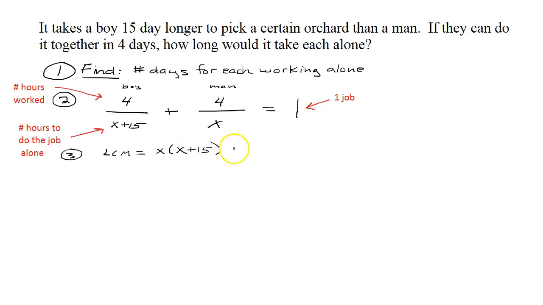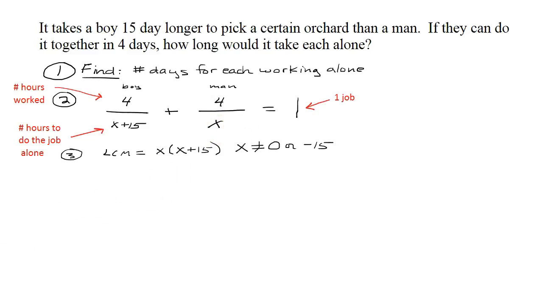And if that's the case, remember that denominators can never equal 0, so I need to state my restriction saying that x cannot be 0 or negative 15. If x is negative 15, this fraction is undefined. If x is 0, this fraction will be undefined.